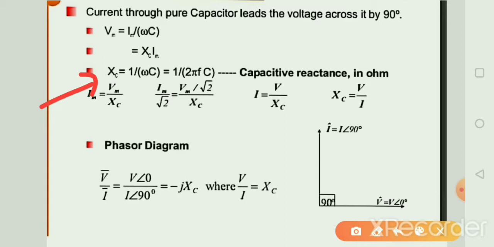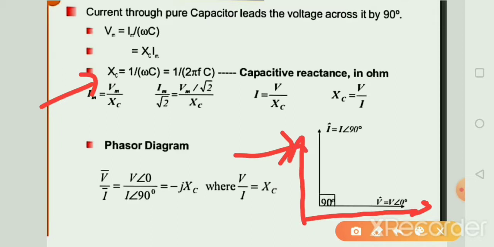And if we see the phasor diagram for the capacitive circuit, if we take voltage as a reference, we know that in this capacitive circuit the current is leading the voltage by 90 degree, so we take it in the positive direction, and this denotes the current is leading the voltage by 90 degree.